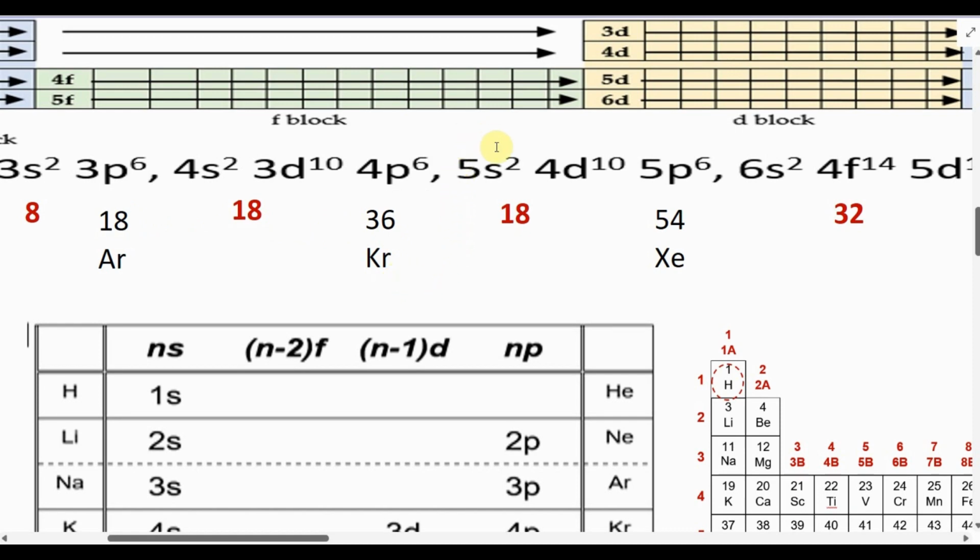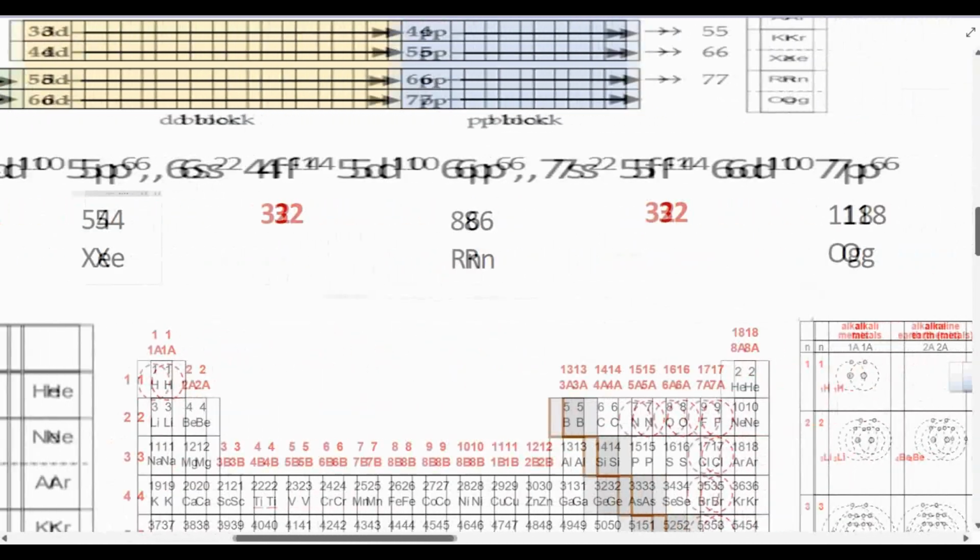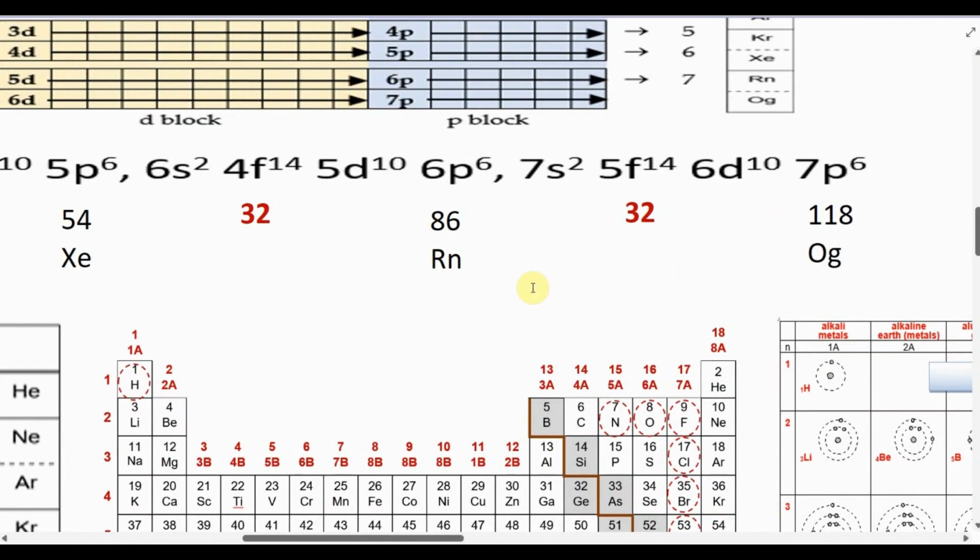Again, we have s, d, and p. 5s2, 4d10, 5p6. That again is 18 more electrons. 36 plus 18 is 54, and that is xenon, the next noble gas. The sixth and the seventh each have a total of 32 electrons that can fit into them, because we have the s and the d and the p, which was 18, plus the f, which contains 14 more.